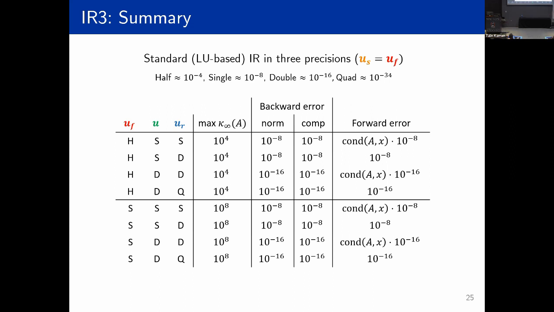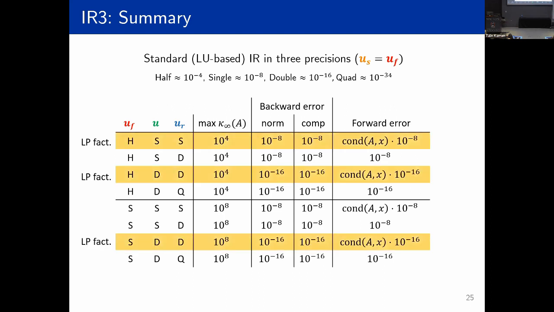In this column, I have the maximum infinity norm condition number for which the rest of the results are guaranteed. So if the condition number of A is less than this, then I'm guaranteed this in norm-wise and component-wise backward error, and this in forward error. A lot of the existing flavors of iterative refinement fall into this category.